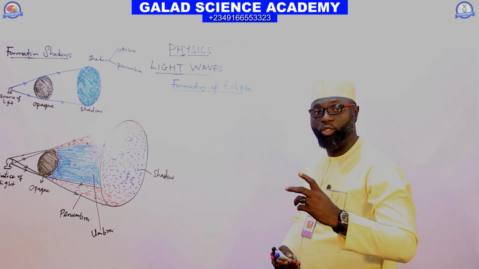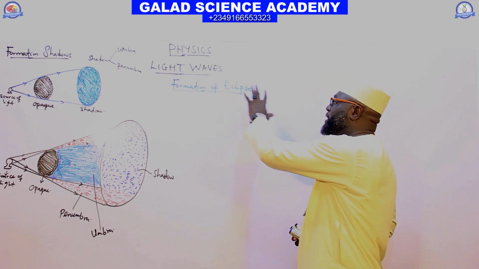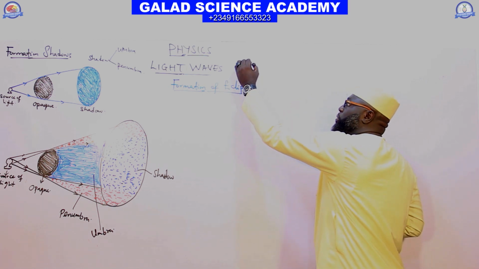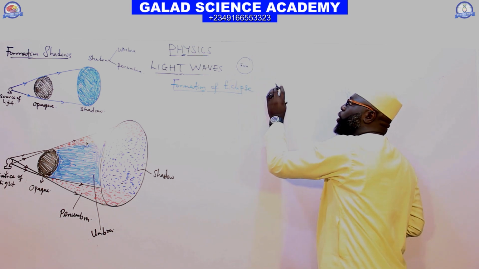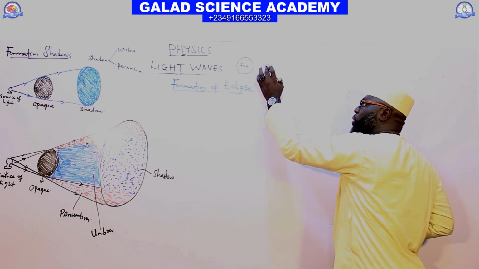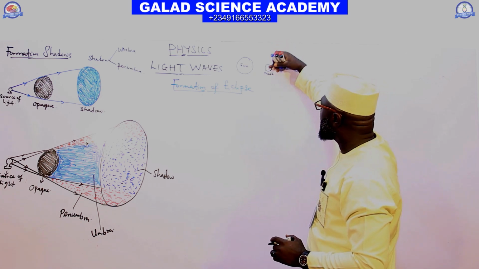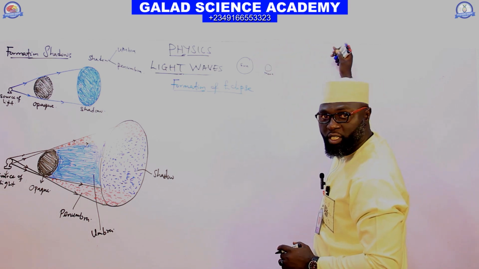So the sun is a luminous object. So when the moon is blocking the sun, either partially or totally, we have an eclipse.